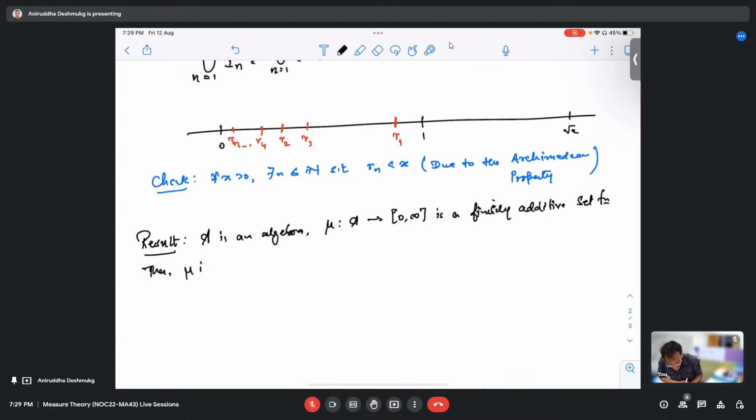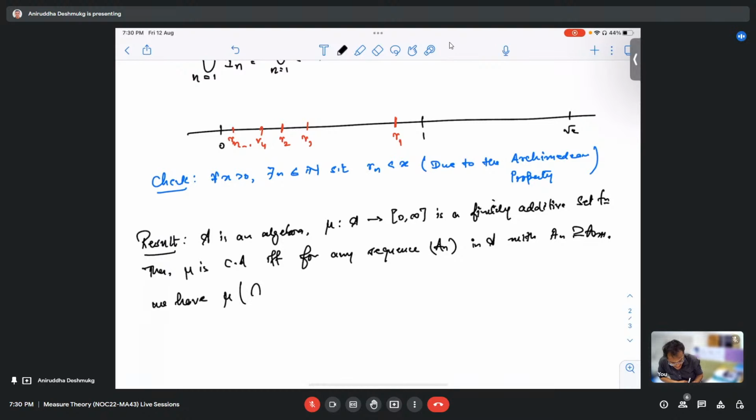then mu is countably additive if and only if for any sequence An in A that is decreasing, so An contains An+1, the measure of the intersection of the An is equal to the limit of the measure of An. This assumed that mu of the whole set is finite.